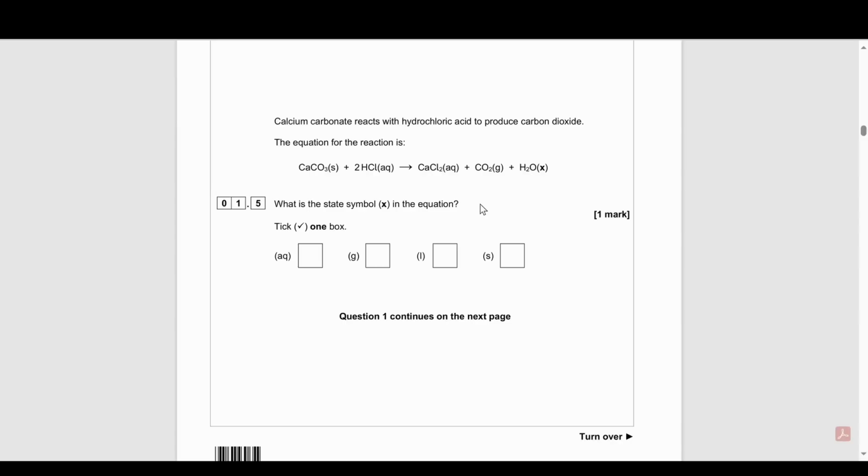Calcium carbonate reacts with hydrochloric acid to produce carbon dioxide. The equation for the reaction is shown here. What is the state symbol X in the equation? So here's the state symbol X, and it's next to water.